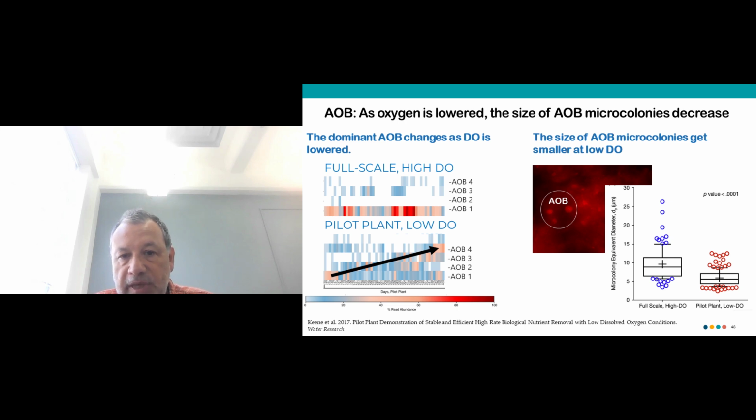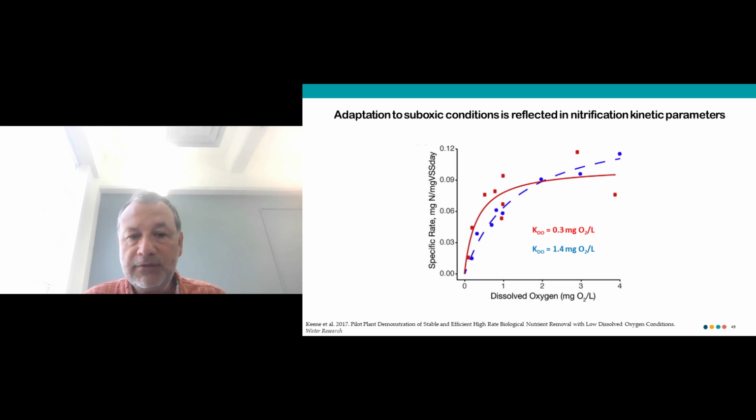In blue is the full scale high DO, in red is the pilot plant at low DO, and there is a significantly different size of these colonies, whether that's because it changed from Nitrosomonas europaea to Nitrosomonas oligotropha. That could be an intrinsic change in the organisms, or the low oxygen environment creates a difficulty in the diffusion of oxygen.